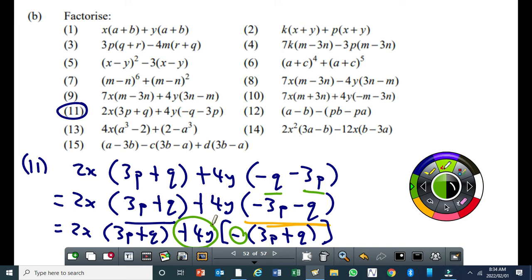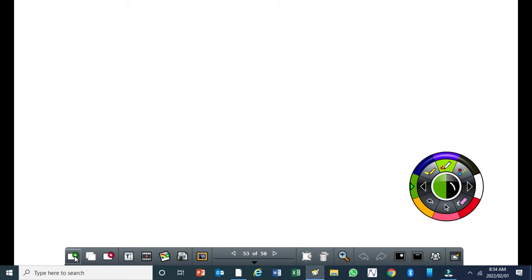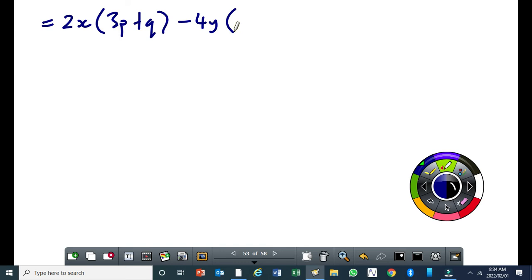Then from there, we end up having 2x times (3p plus q), then that becomes minus 4y times (3p plus q). Now you can see that we have a common factor. This binomial is equivalent to that. Therefore, that's our common factor.